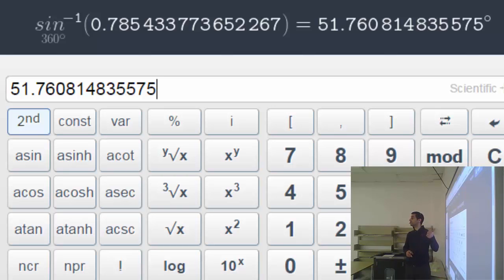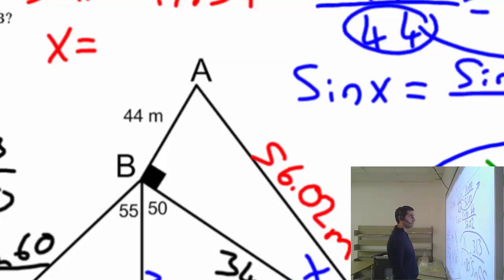Remember, you need to press the second function of your calculator to get sine minus 1. And I got 51.7. The first digit after the decimal is 7, more than 5, so I'm going to give 1 extra. Your answer will be 52.